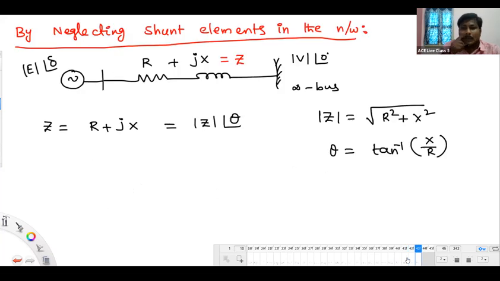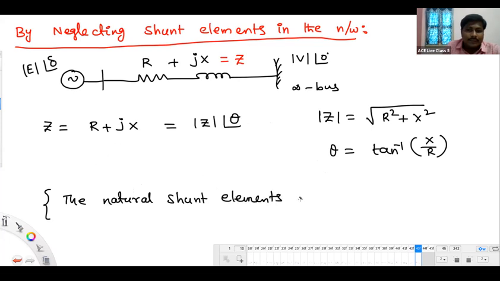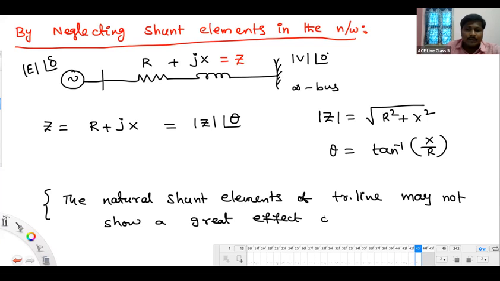So, why we are neglecting it, write in brackets here: the natural shunt elements of the network or transmission line may not show a great effect on the maximum power transfer capacity.